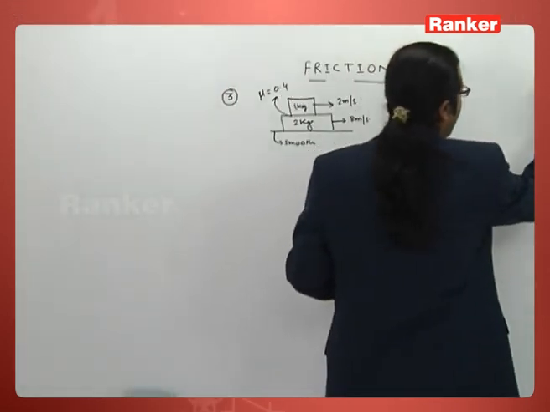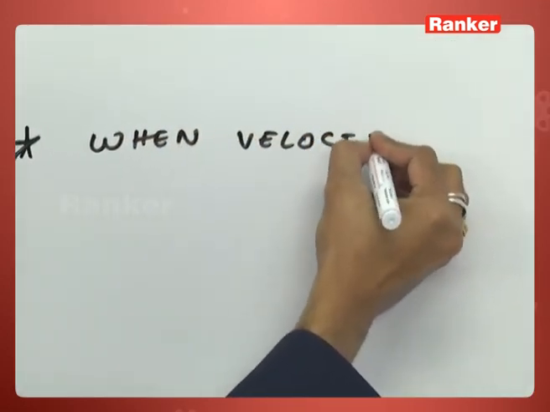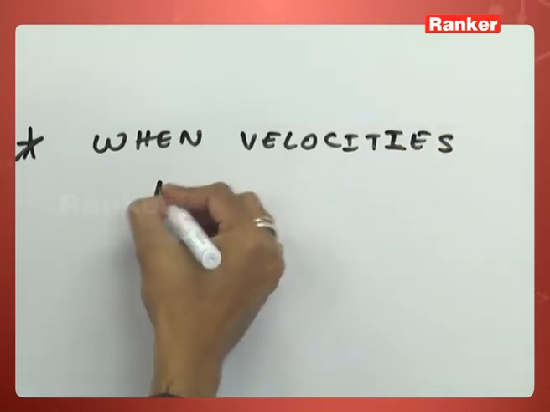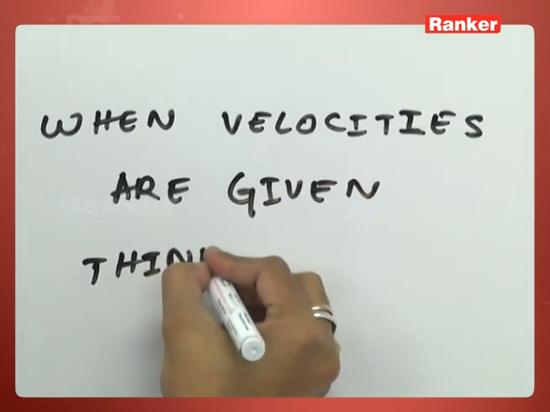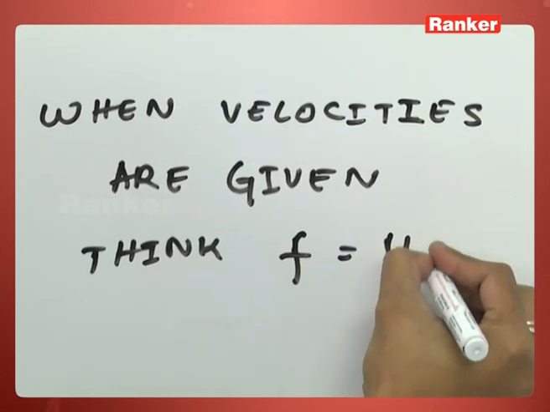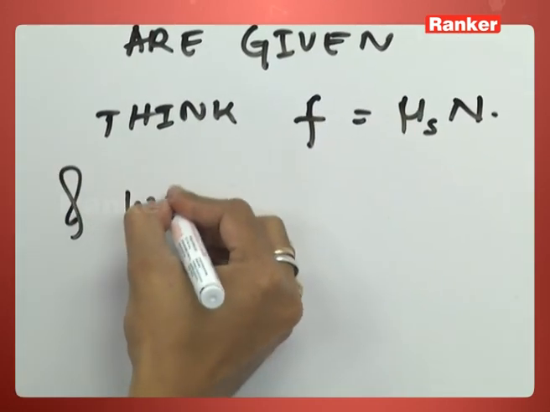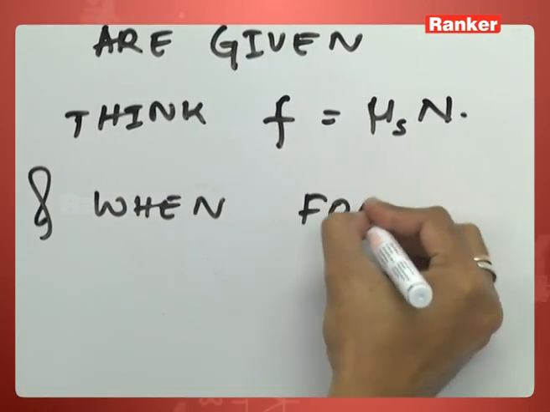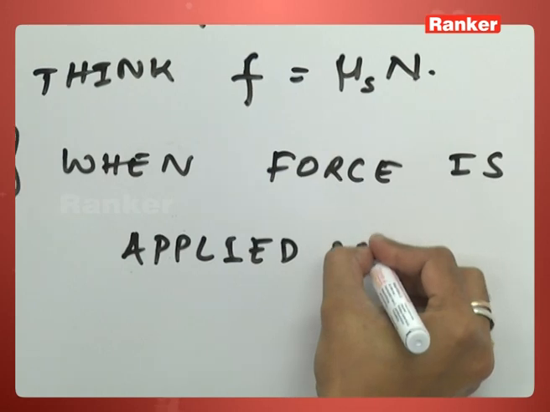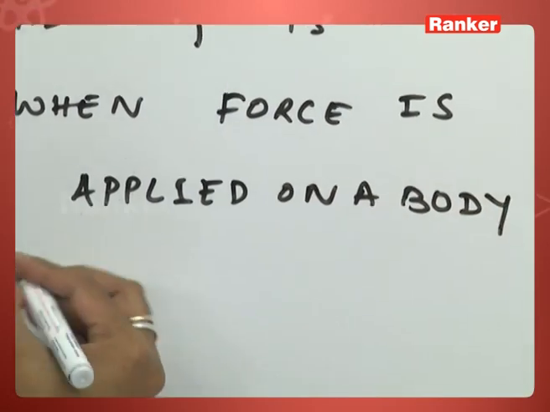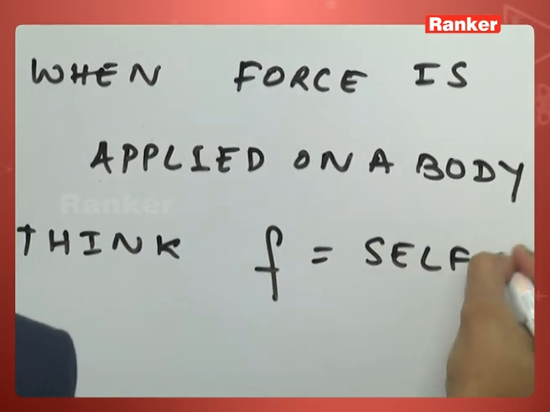So I write one point over here. When velocities are given, think F equals mu s into N, and when force is applied on a body, think F is a self-adjusting force.